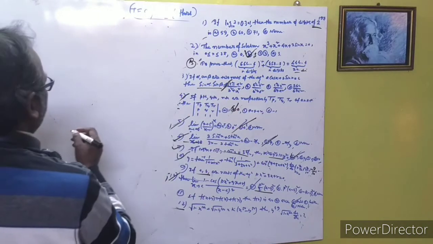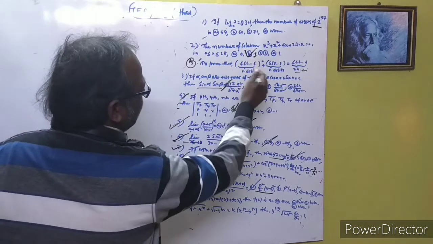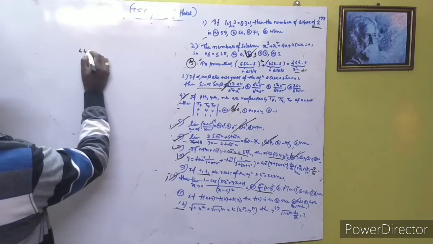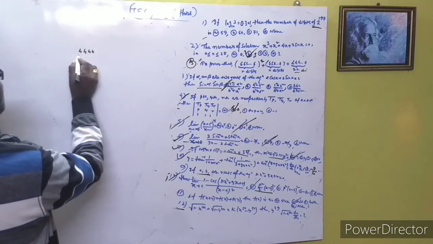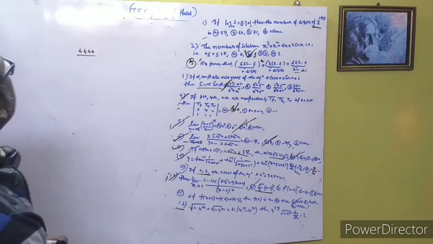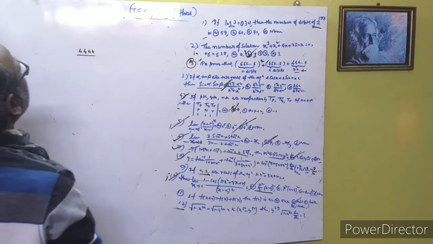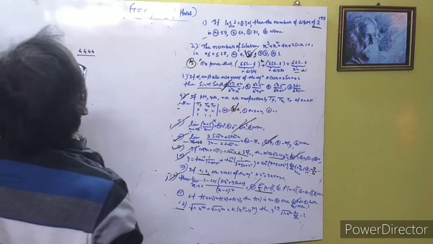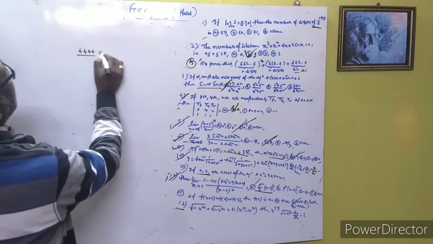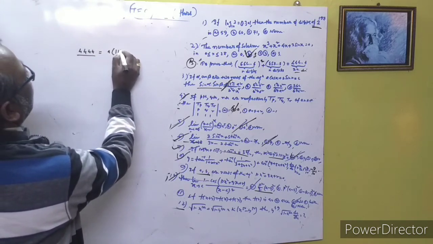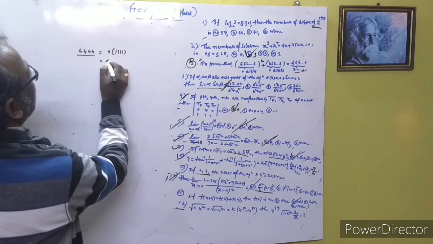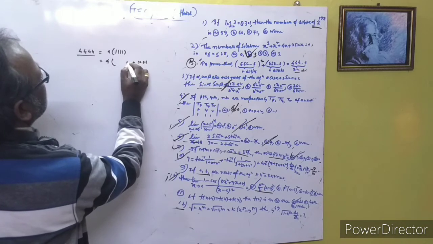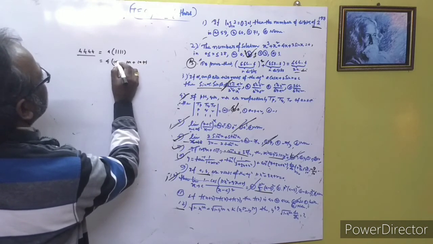Now see 6666, 4 to the power square there. For example, you have to introduce that this number 4444 can be arranged like 1111, and this is a formation like that: 1 plus 10 plus 100 and 1000.